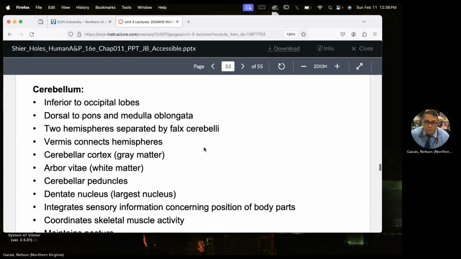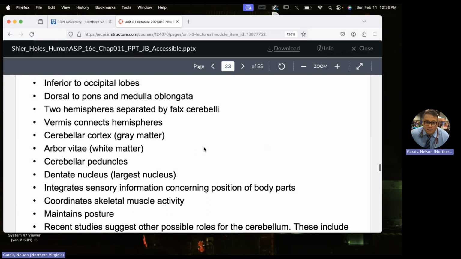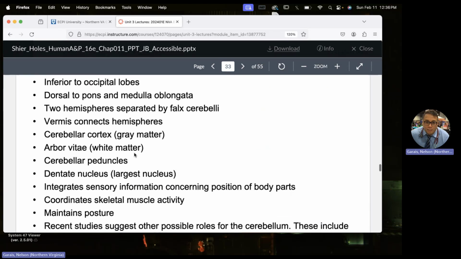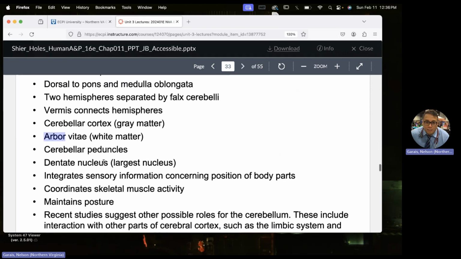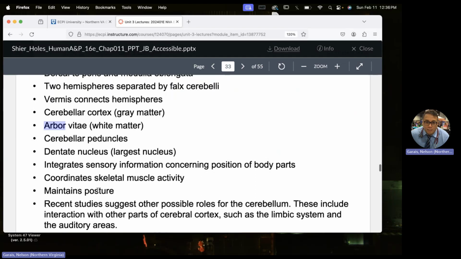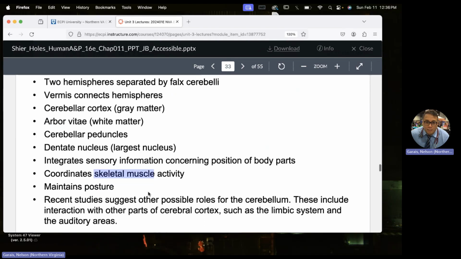What does it do? Well, it's also known as the arbor vitae, because if you slice it in the middle, it forms like a tree. And arbor means tree. Its big thing, like I mentioned in class, is posture. And of course, your posture deals with your skeletal muscle activity. So these things also work together.